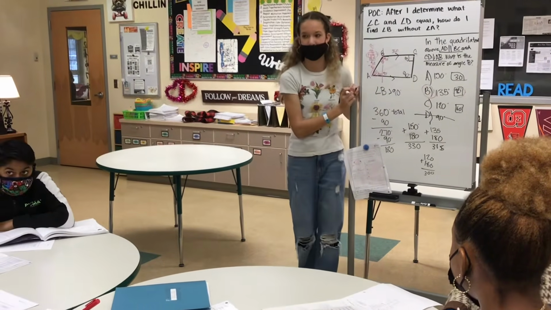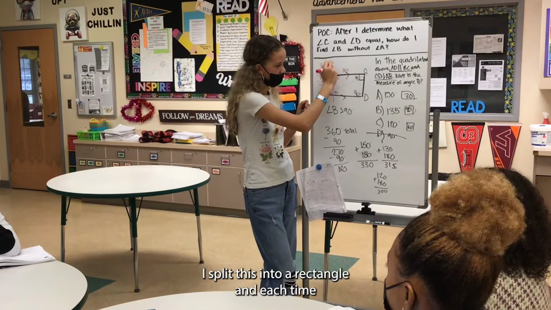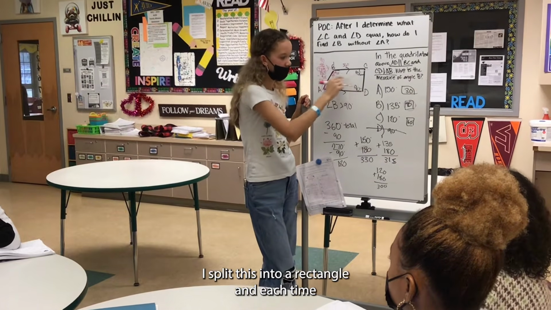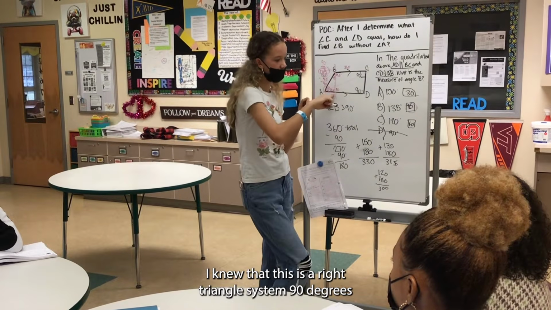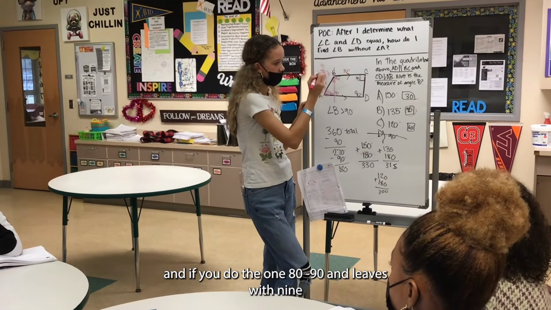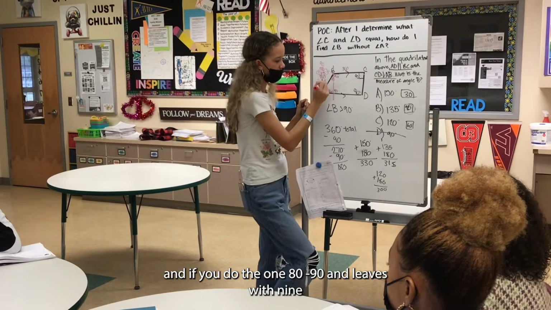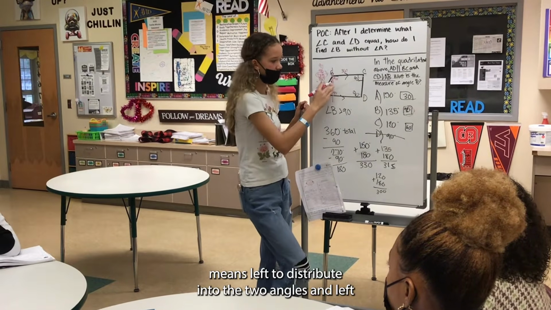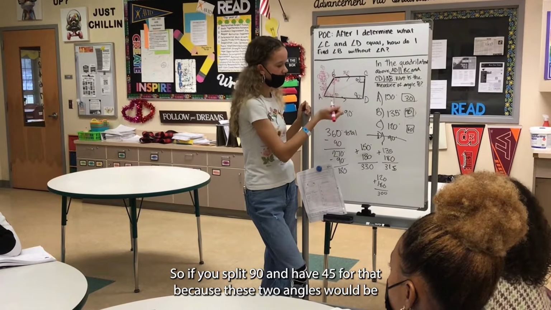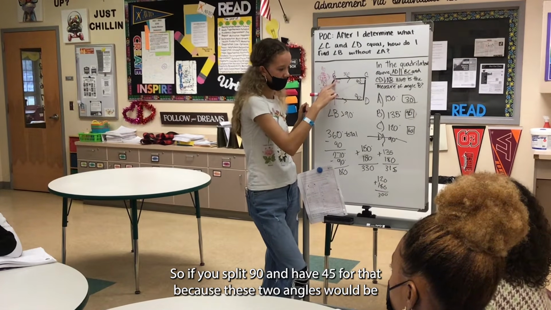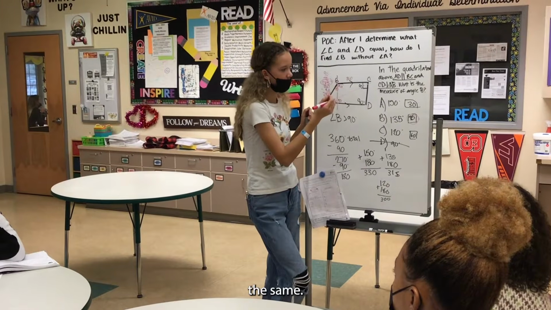So since I split this into a rectangle and a triangle, I knew that this is a right triangle, so this is 90 degrees. And if you do 180 minus 90, it leaves 90 degrees left to distribute into the two angles that are left. So if you split 90 in half, you get 45, 45, because these two angles would be the same.